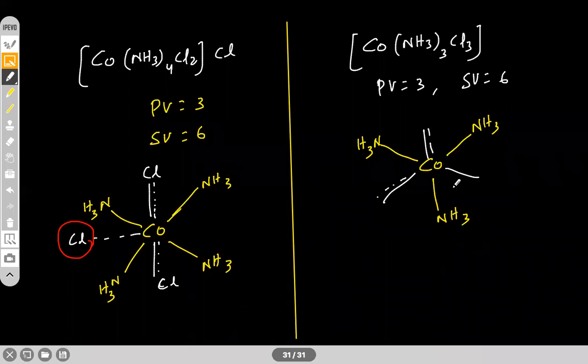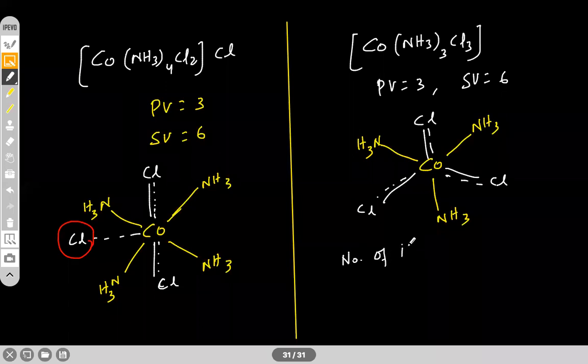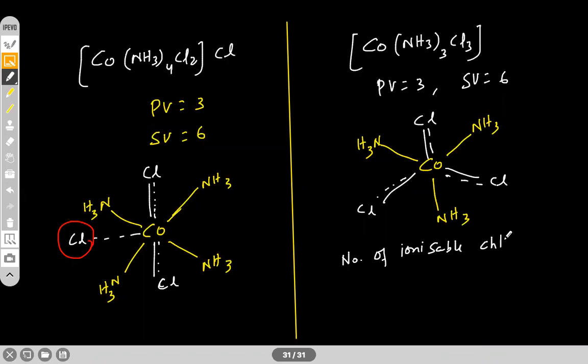Dual behavior, so both lines will be drawn. Chlorine, chlorine, and chlorine. None of the chlorine atoms is ionizable. The number of ionizable chlorine atoms is 0. In the previous example, the number of ionizable chlorine atoms is only 1.